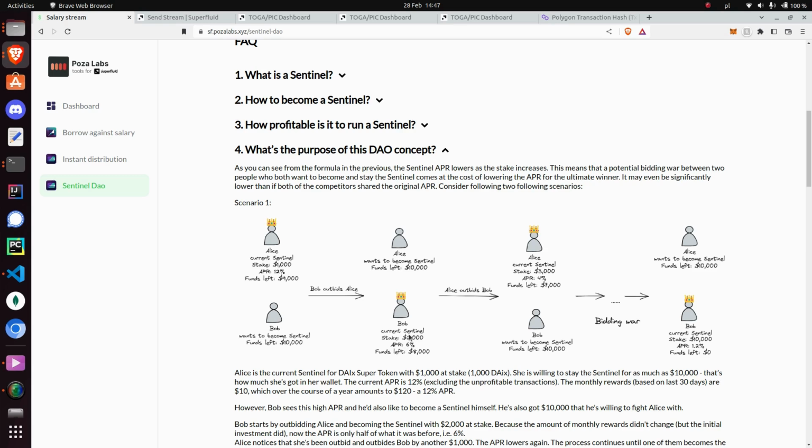So now Alice isn't the Sentinel, Bob is, and the APR has dropped to 6% because the number of rewards that are being accumulated is still the same. That's constant. That doesn't change. But what has changed is the initial investment. It got bigger. So that's why the APR dropped.